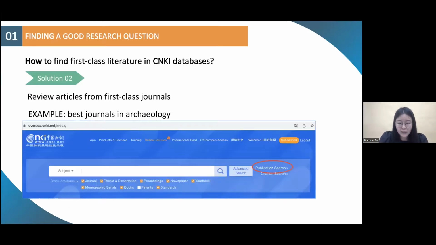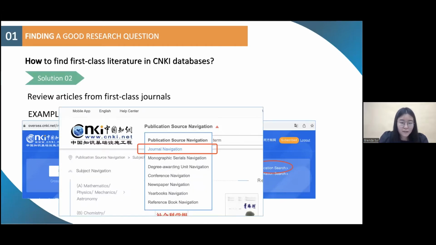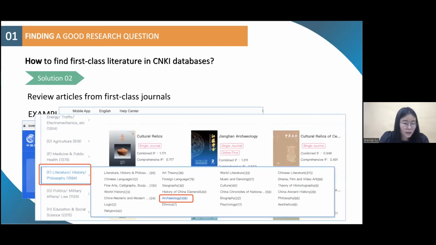Similarly, we come to the home page, and here we click publication search. Then we have journal navigation. And in a new page, we will select literature, history, philosophy in series F. And specifically, we choose archaeology.